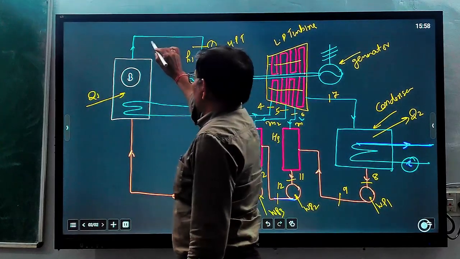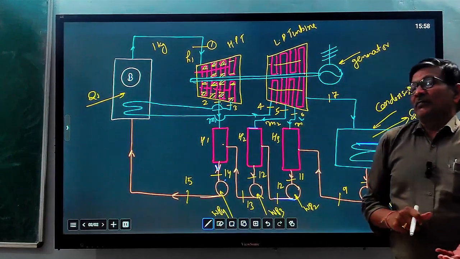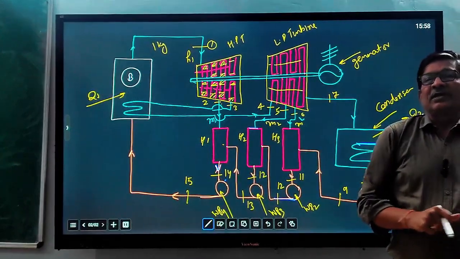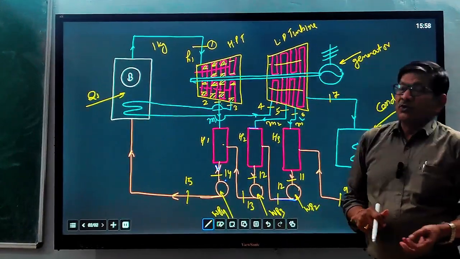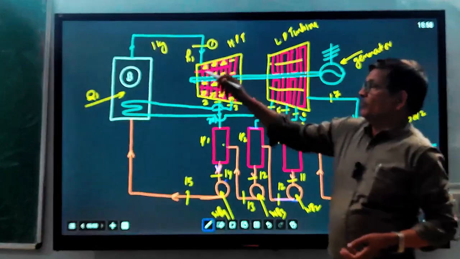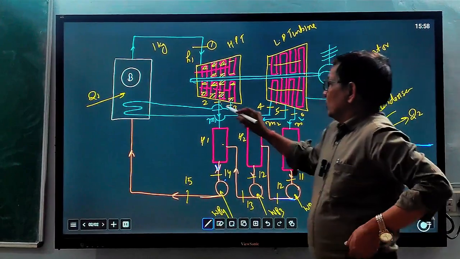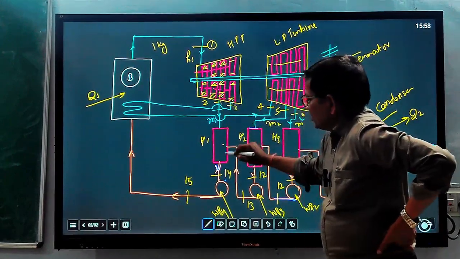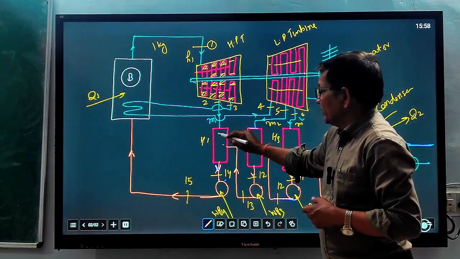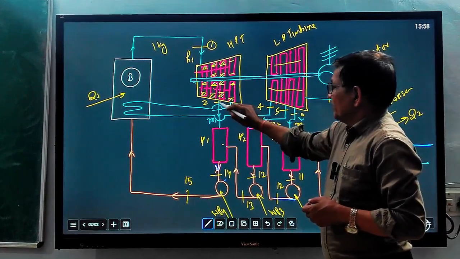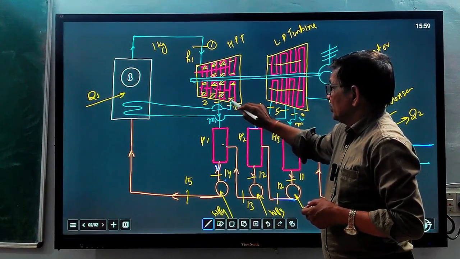Here we have taken 1 kg of steam circulating in the circuit, but in actual cases of very high power, 500 megawatt turbines and more, a huge quantity of steam will circulate. For understanding, we only take 1 kg of steam, and m1 kg of steam is bled off. This is a very small quantity of steam bled to feedwater heater 1, and the remaining quantity, 1 minus m1, will expand from state 2 to state 3.